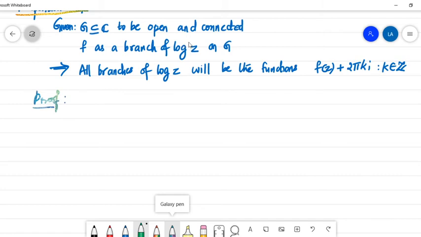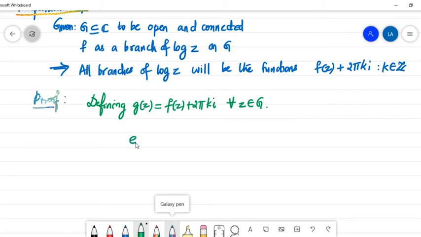So we are firstly defining a new function, g of z. This g of z is the type of function we are talking about: f of z plus 2 pi ki for every z that belongs to G. Okay, this is g of z.